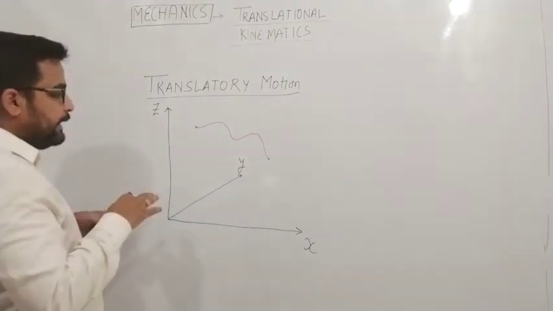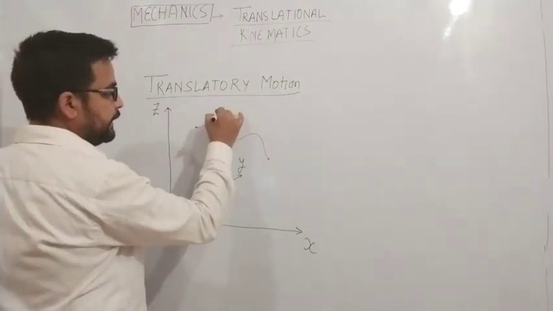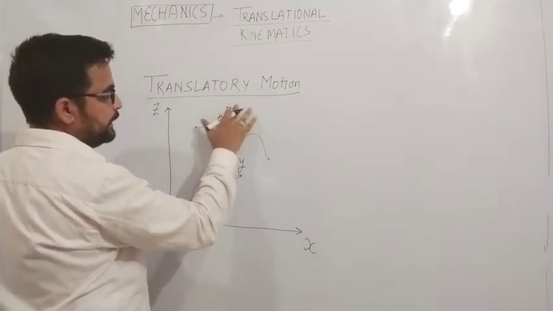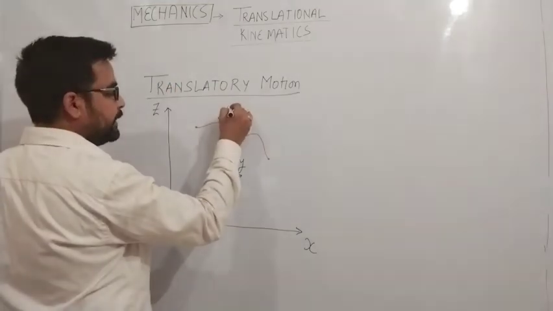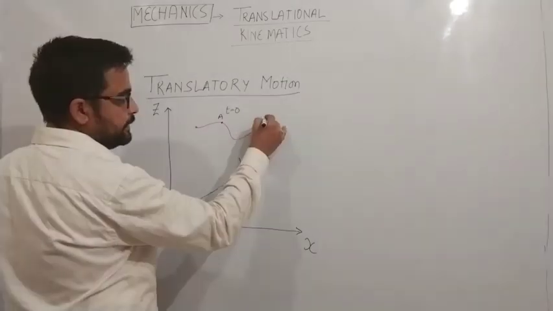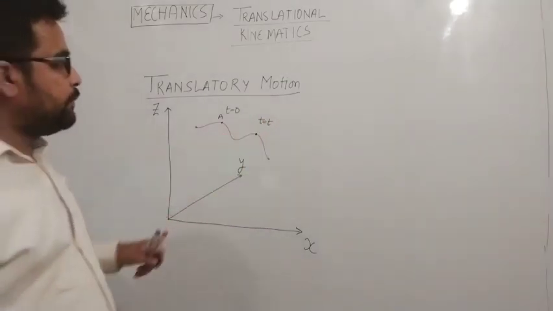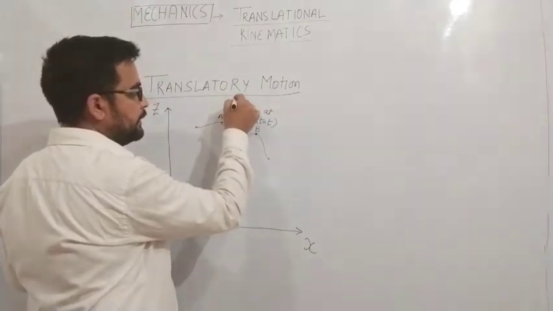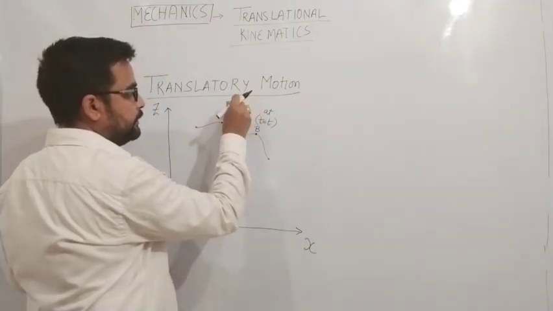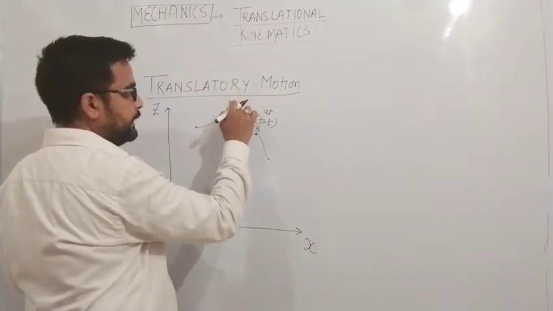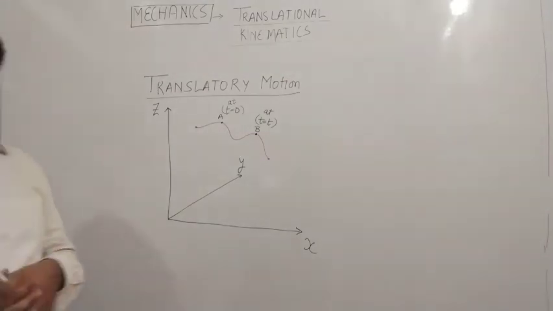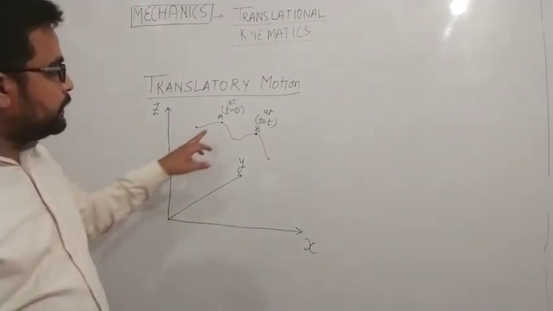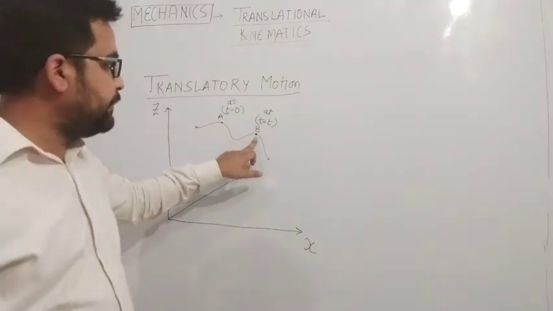So suppose at any instant t is equal to 0, initially, the particle was at A. Now at any instant t is equal to t, that is after time t, the particle reaches B. At t is equal to t, the particle is at point B, and at t is equal to 0, that is the starting position, it is A. Now initially the particle was at A, now the particle is at B.